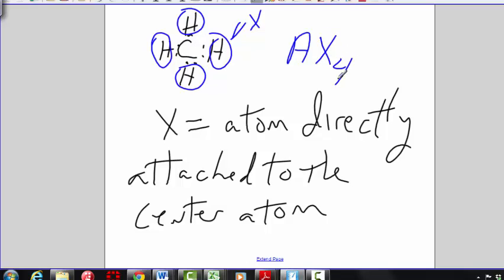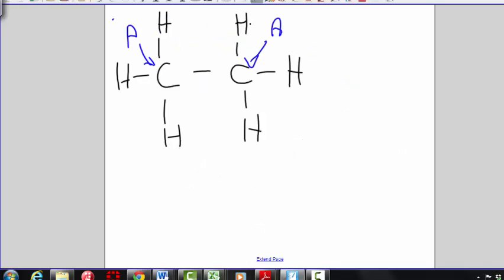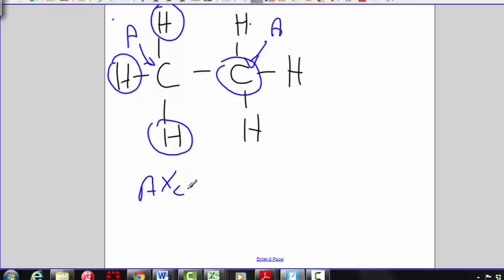That's the pattern. If I go back to this more complicated molecule, you will notice this carbon has also four things directly attached to it. This H, this H, this H, and this C. Those are the four things directly attached to that carbon. So it is AX4 around that carbon.